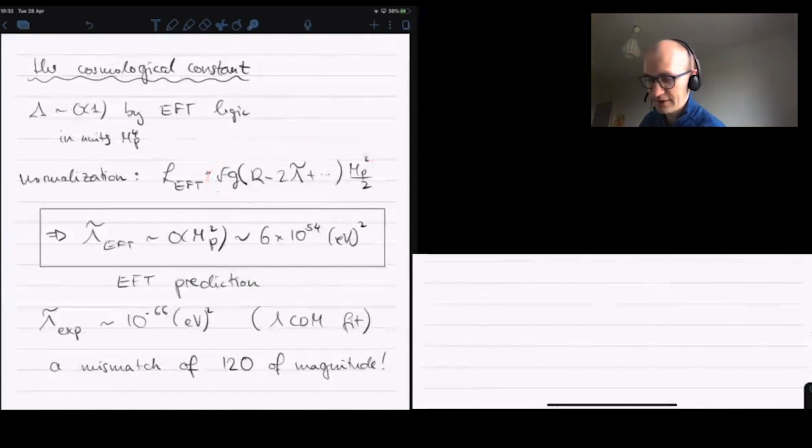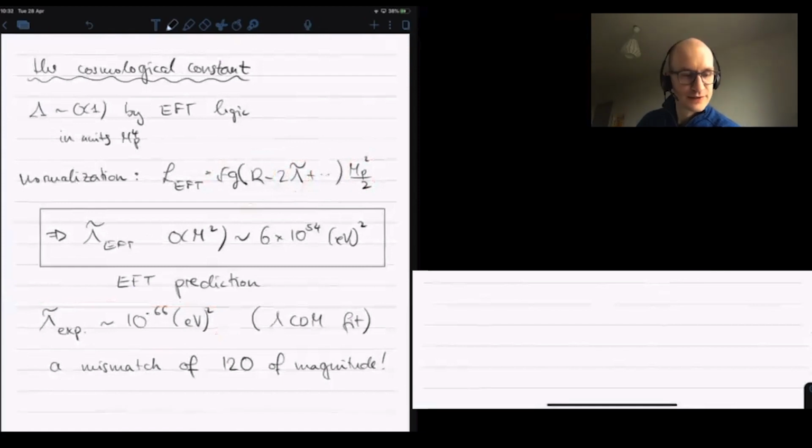That's lambda tilde, but now lambda tilde is already multiplied by M Planck squared, so this is order M Planck squared by that logic. If I evaluate that, I get my 10 to the 54. That's the thing I can compare to what's usually quoted in the literature, because what's quoted in the literature is compared to this normalization.